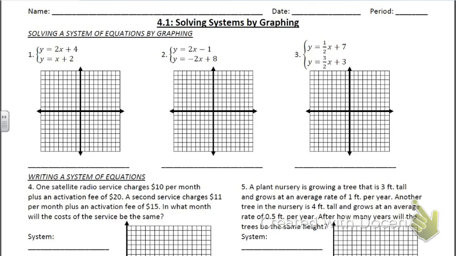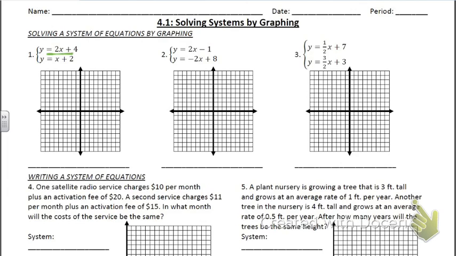So it's not always going to be super cut and dry, but I don't see the point in having you guys do all that tedious stuff right now in class when nothing changes. I mean, you're still always going to graph it and look for the intersection point. So we're going to do number 1 together, and then I'll have you guys do 2 and 3 on your own.